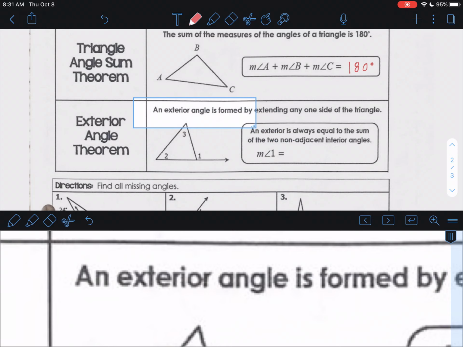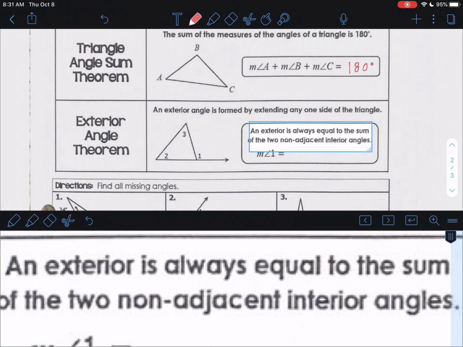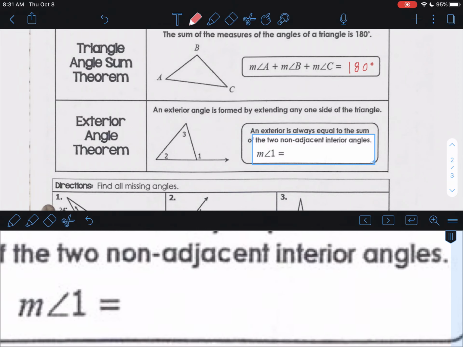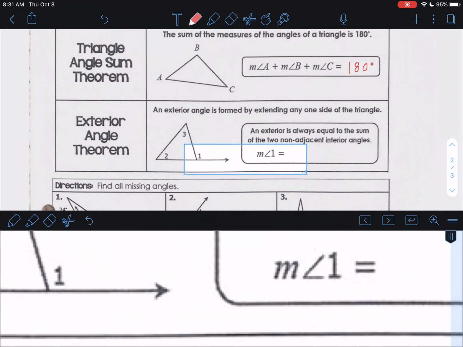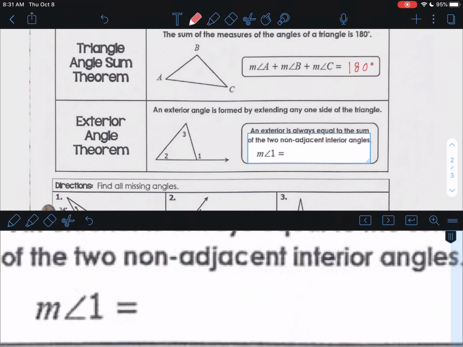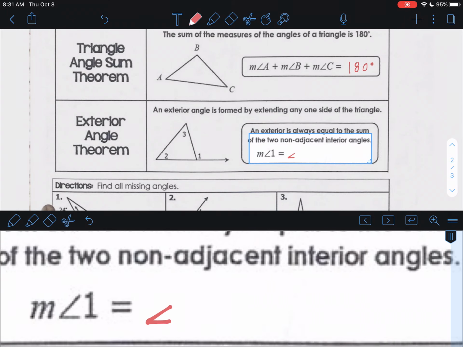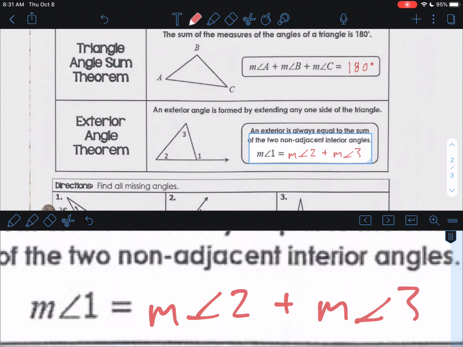An exterior angle is always equal to the sum of the two non-adjacent interior angles. So the measure of angle 1 there is equal to the measure of angle 2 plus the measure of angle 3.